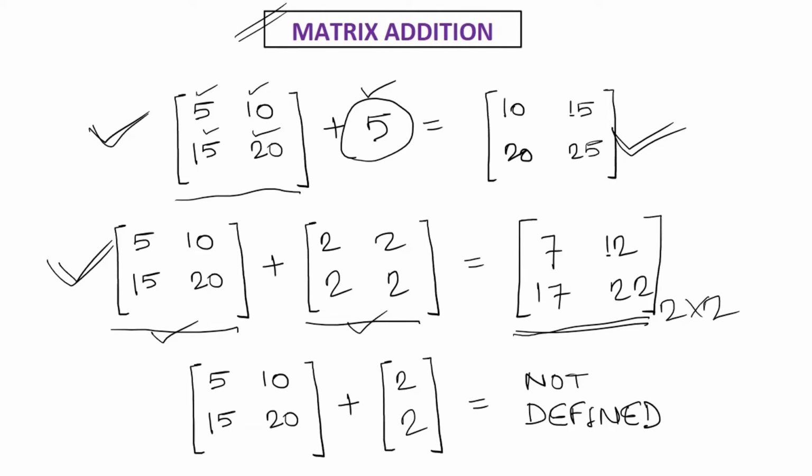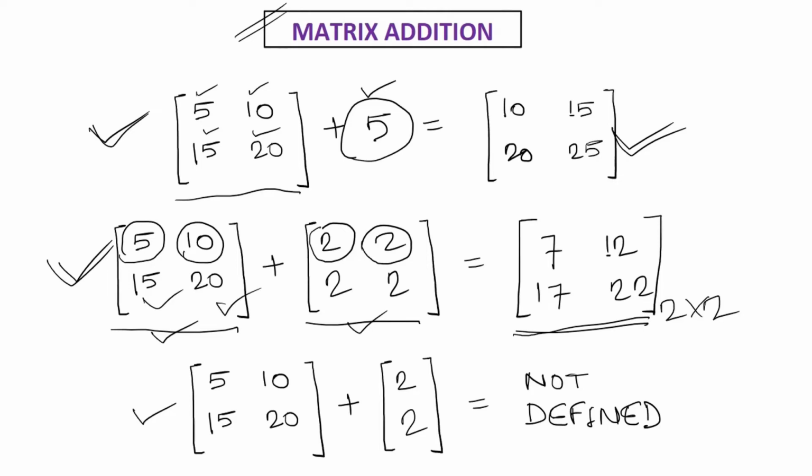The addition happens in such a way that the element on the first row and first column will be added to the element in the same position of the other matrix. Similarly, the element on the first row and second column will be added to the element of the first row and second column in the other matrix, and so on.